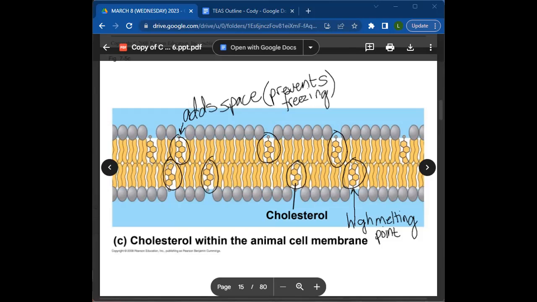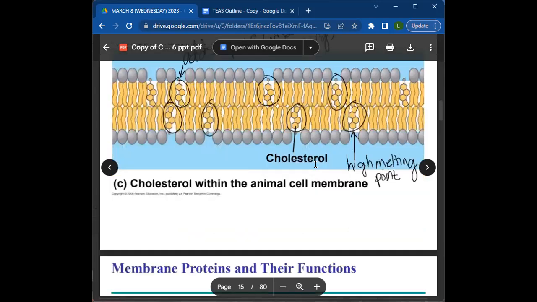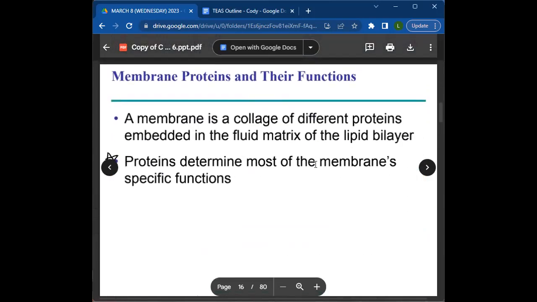So it also helps with the rigidity of the cell membrane as well. Although cholesterol is usually associated with something bad, it actually does have an important function in our bodies, such as the structure of cell membranes. So that's the second thing that the cell membrane is made of.